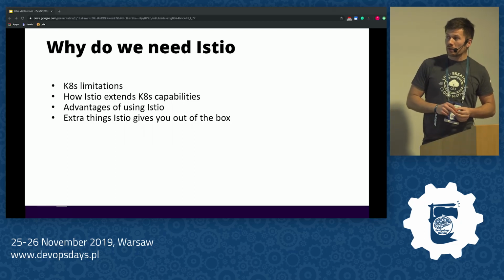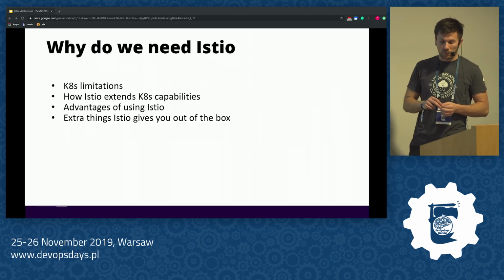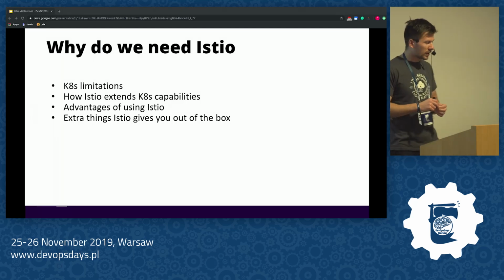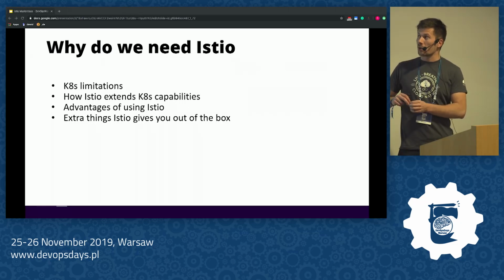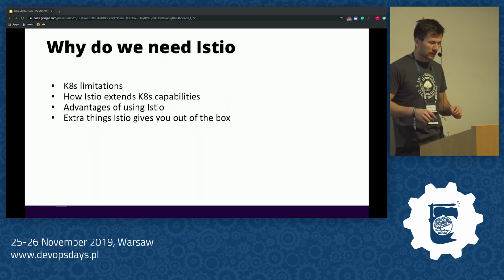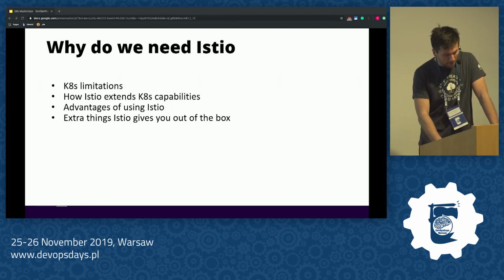But even without that, Istio allows you to do some stuff which Kubernetes also already allows you to do, but Kubernetes does it in a very, very basic, very simple way. Istio is kind of Kubernetes on steroids, let's say. It does similar things, but much better.